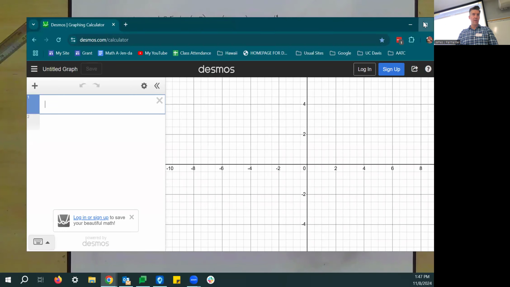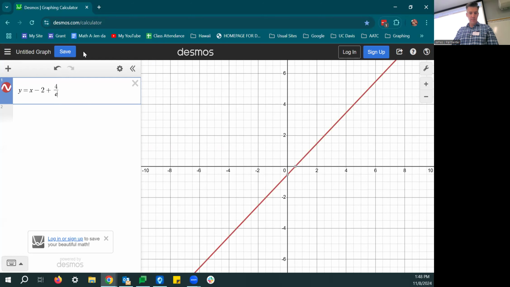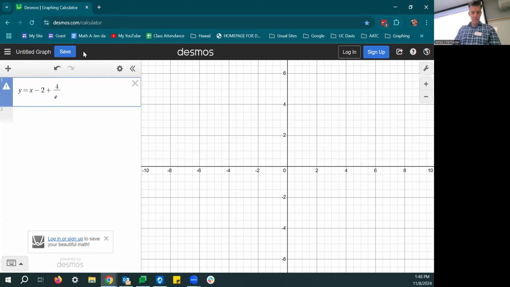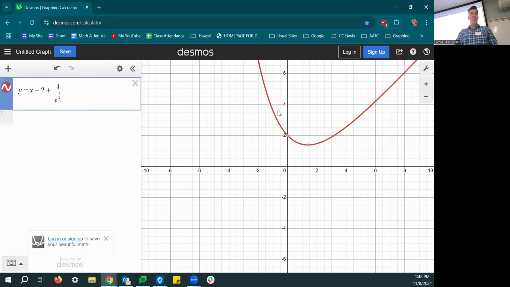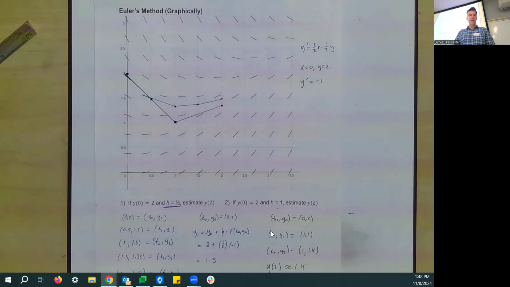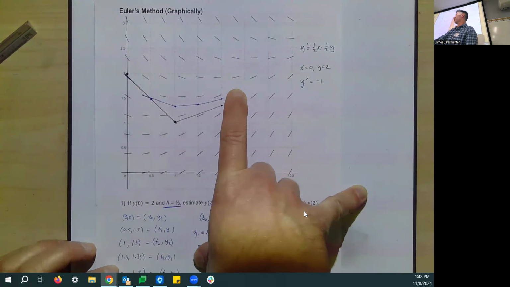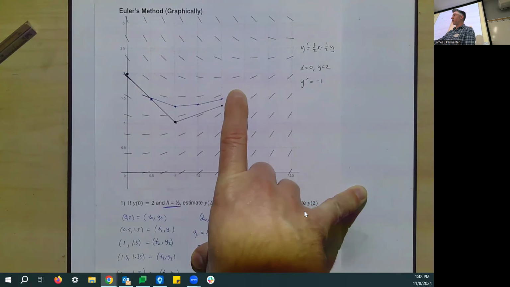If we actually graph y equal to x minus 2 plus 4 divided by e to the 1/2 x, and compare it to what's going on here, it looks like our graph has that same sort of shape. So it seems reasonable that this is the direction field for that graph, and that what we have charted out here is a decent approximation of what the graph of the particular solution is actually doing.